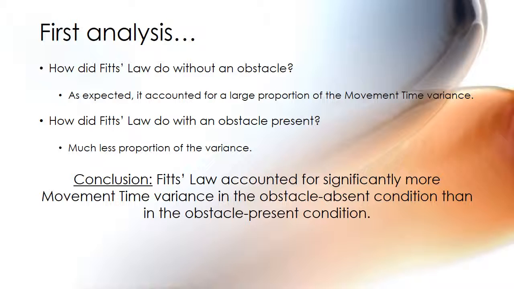So when Fitts's law was applied with an obstacle present, there was much less proportion of the variance. So the conclusion that the scientists were able to draw on that one was that Fitts's law accounted for significantly more movement time variance in the obstacle absent condition than in the obstacle present condition.